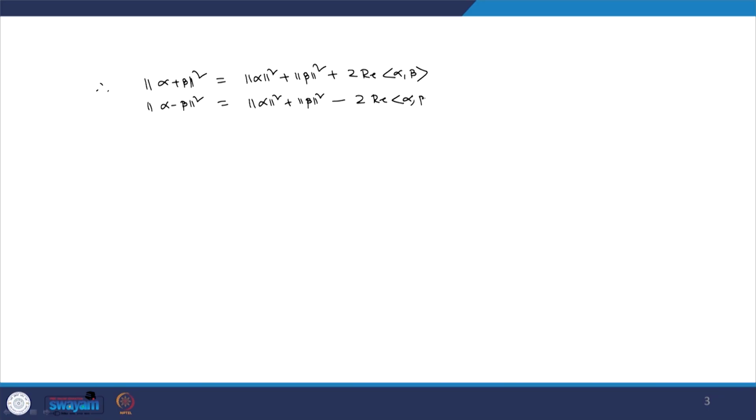So, we are getting norm of alpha plus beta whole square equal to norm of alpha square plus norm of beta square plus 2 times of real component of inner product of alpha beta, whereas norm of alpha minus beta whole square equal to again norm of alpha square plus norm of beta square minus 2 times of real component of inner product of alpha beta.